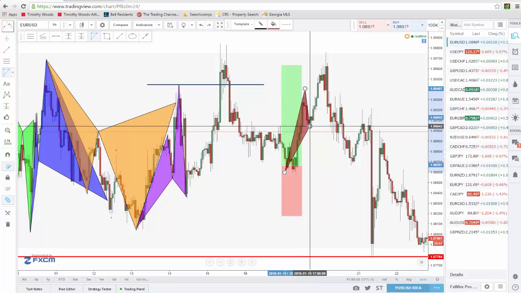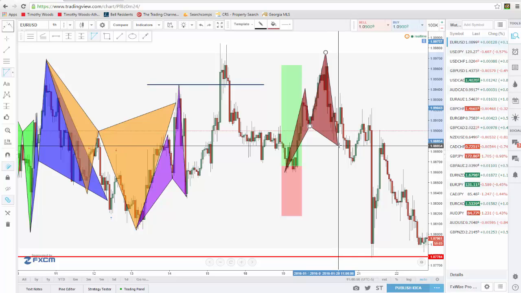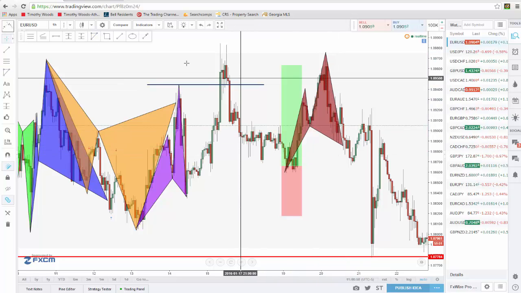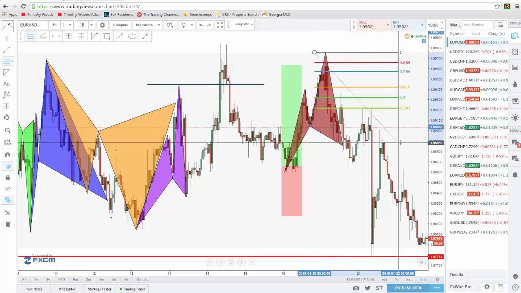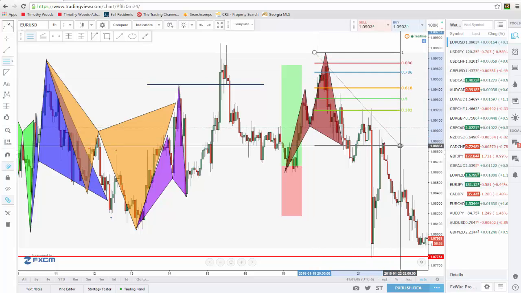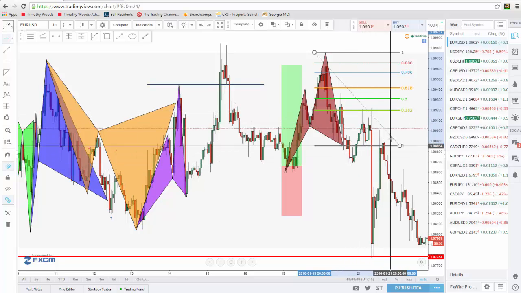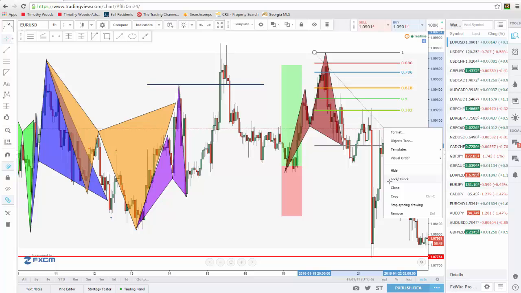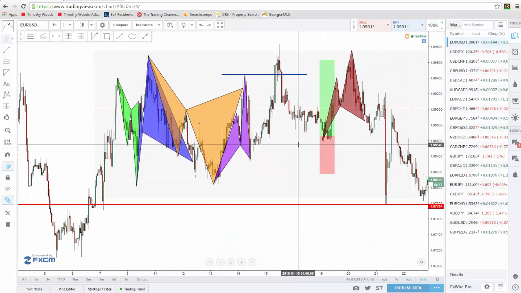X to A to B, B to C, and a CD completion right down here. Cannot remember if this was a win or a loss. Let me bring in my Fibonacci retracement. This one was a win, as you can see, coming up to our 382 retracement here and taking us out on profit targets. And we're not done yet.